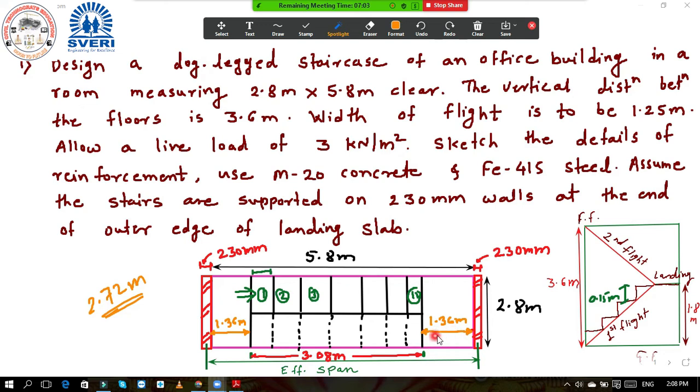So this length is 1.36 meter and this remaining length is also 1.36 meter.